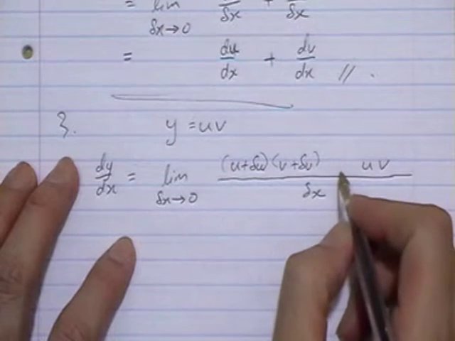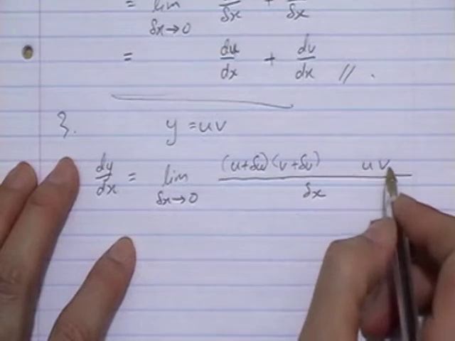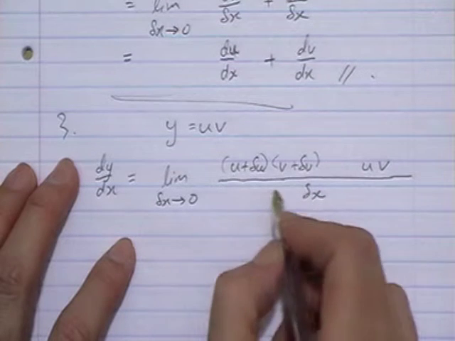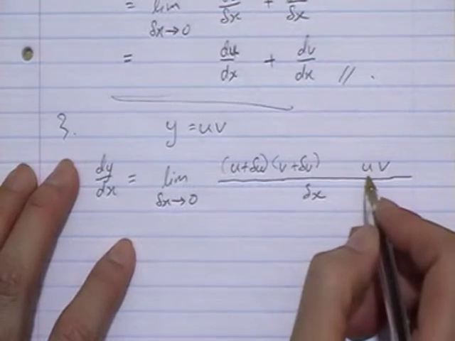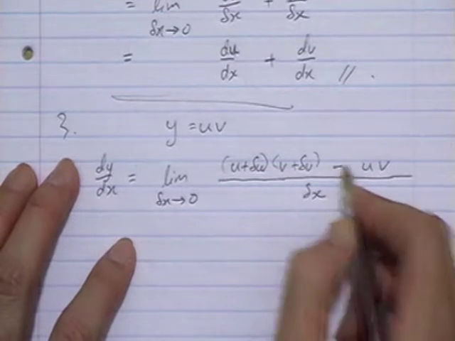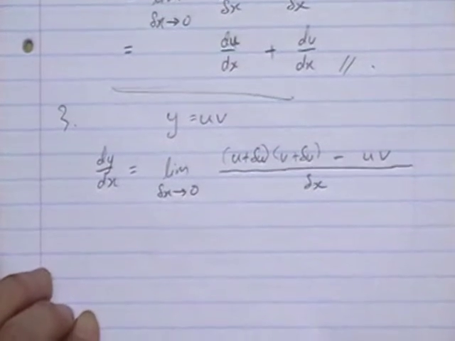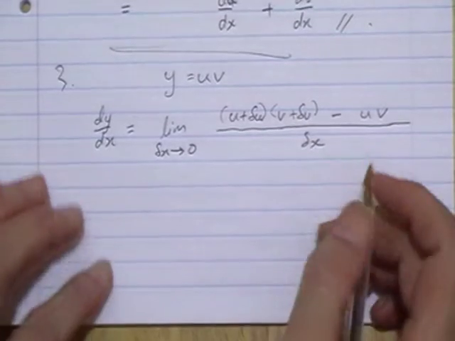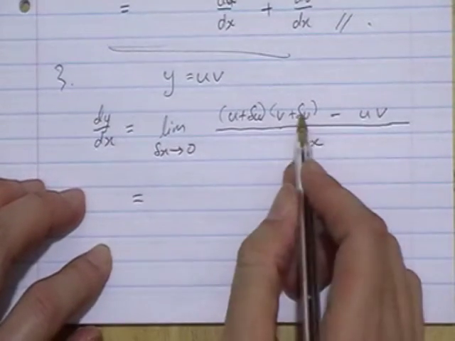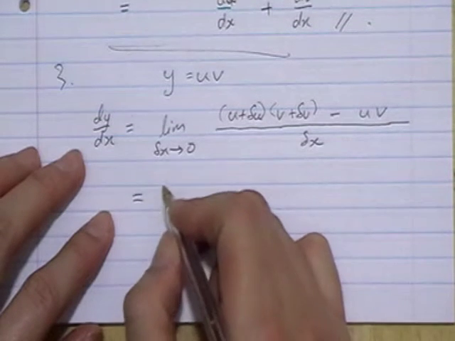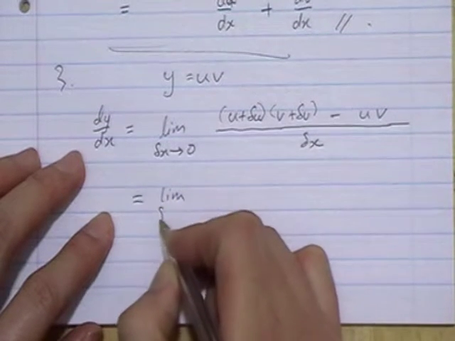Alright. And the change in uv from there to there is the difference. And with this we can expand and try to simplify the expression.